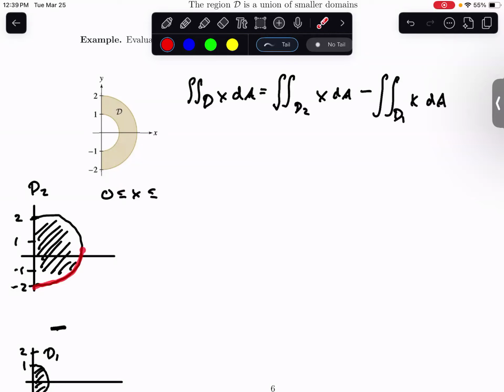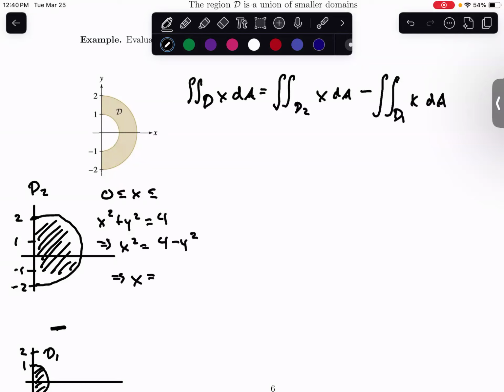This is a semicircle of radius 2, so this is really x squared plus y squared equals 4, and we're assuming that x is always greater than or equal to 0, which ensures that we get a semicircle. Now we can solve for x to determine the upper bound. So x squared is equal to 4 minus y squared, and if you take the square root of both sides, we have x equals the square root of 4 minus y squared.